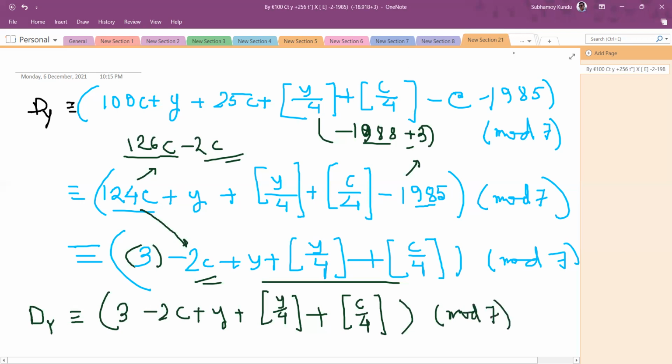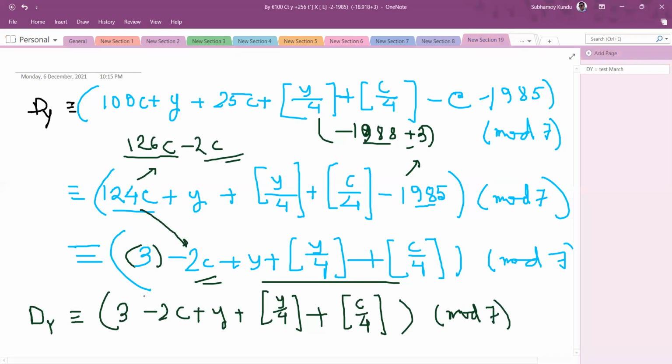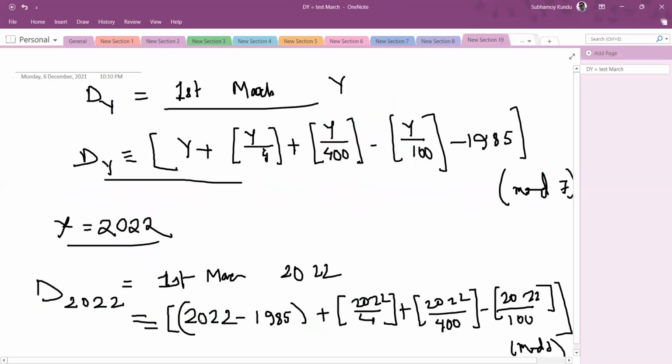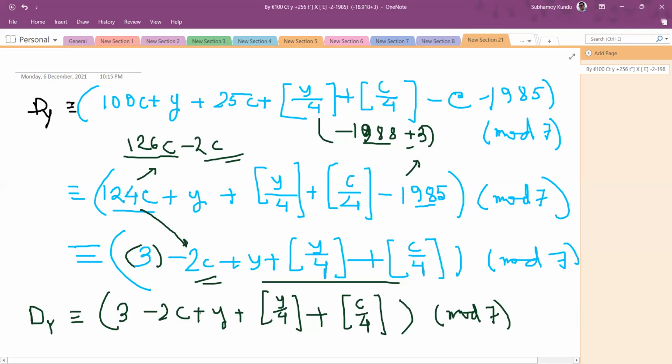Now, previously for this problem, what we were doing, we were using 2022 minus 1985, 2022 by 4. So big, these divisions. Now it becomes very easy because for 2022, let me write it down.